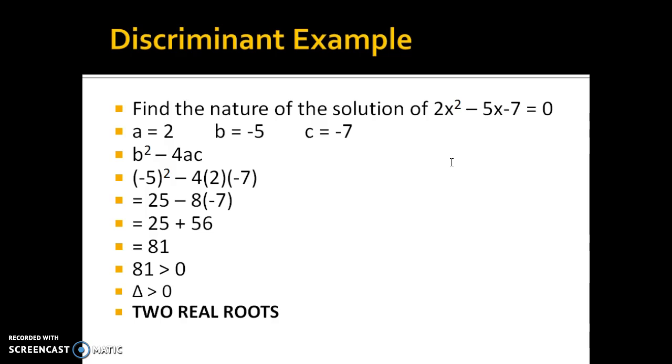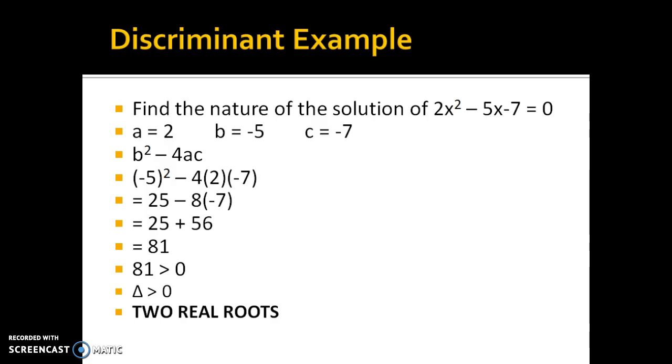Again, you plug it into b squared minus 4ac, and you get negative 5 squared minus 4 times 2 times negative 7, and then you get 25 minus 8 times negative 7, which is 25 plus 56, and then you get 81. And 81 is obviously greater than 0, which means that the discriminant is greater than 0, which means that there are 2 real roots in this equation.